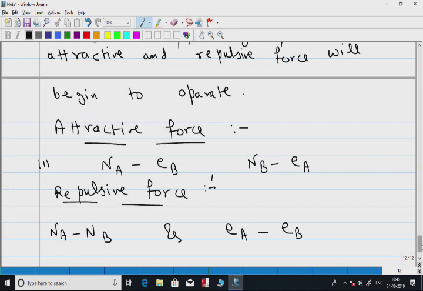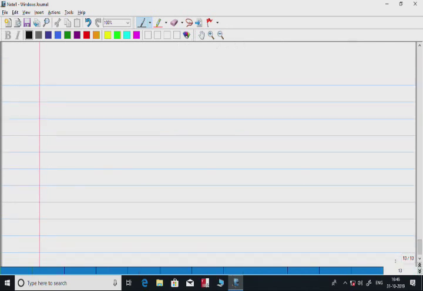So, which force is dominating over there? Can anyone please tell me? Yeah, exactly. Attractive forces are dominating over there. Reason being they are still approaching each other.